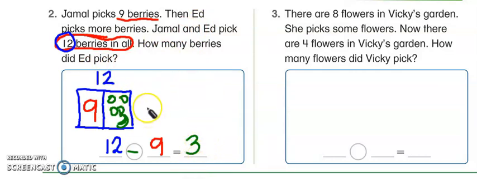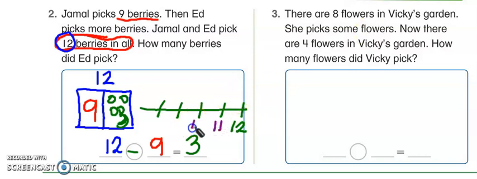If I were to do it a different way, let's say I use my number line and I have the 12 here because that's where I'm going to go back to 9. So I'm going to do some lines here to help me. I'm just going to come back. So 11, then here's 10, then 9, right? That's up to what I need to get. Now I'm just gonna count back.